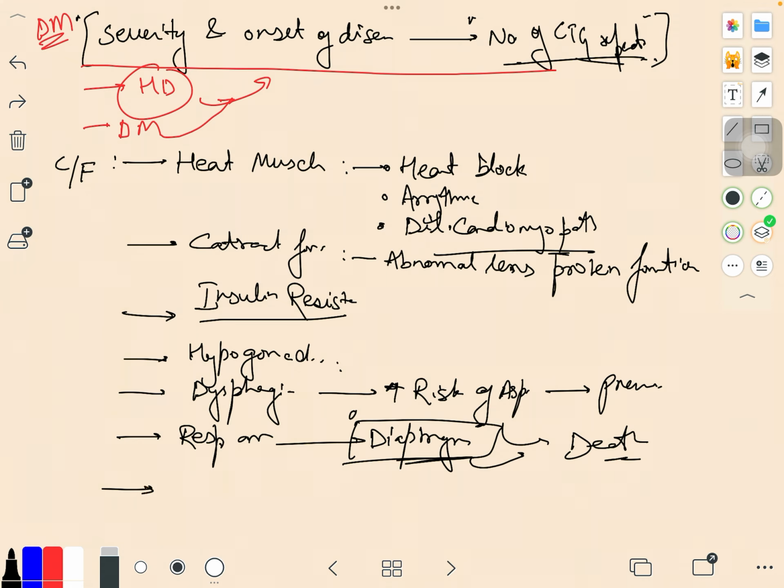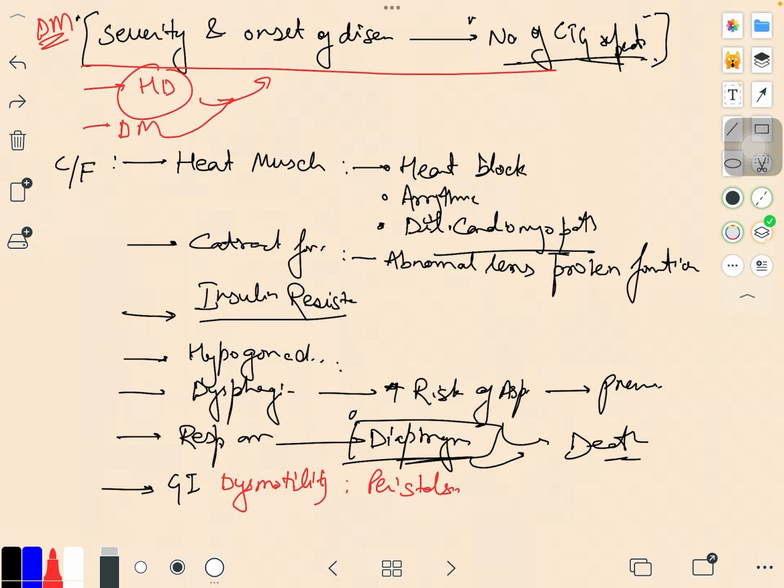Our GI system is lined by intestine, which has muscle there. So GI dysmotility, GIT tract dysmotility. So peristalsis will be altered.